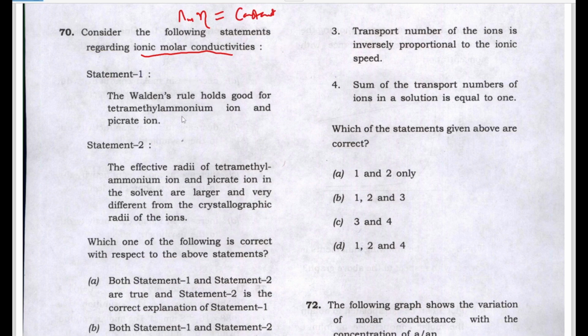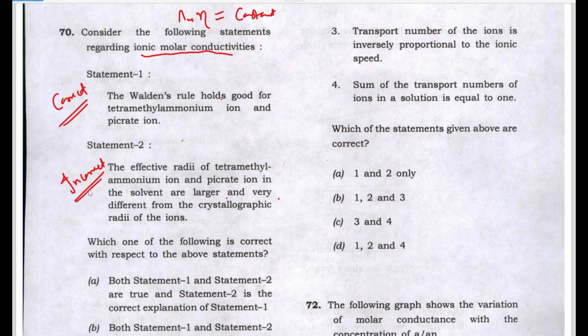In the first statement, Walden's rule holds good for tetramethylammonium and picrate, and these two ions are large. Walden's rule holds good only for large ions, and this statement is correct. In the second statement, the effective radii of tetramethylammonium and picrate in solvent are larger and very different from the crystallographic radii of the ions. This statement is incorrect.